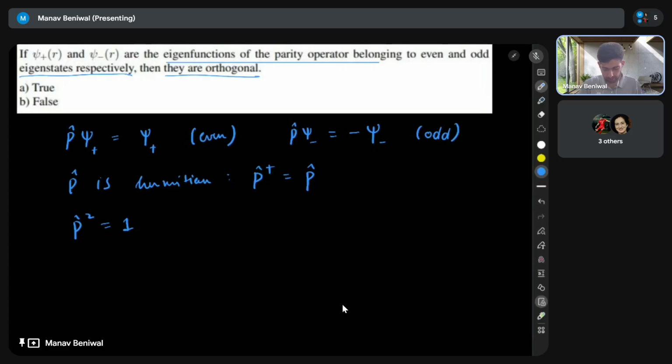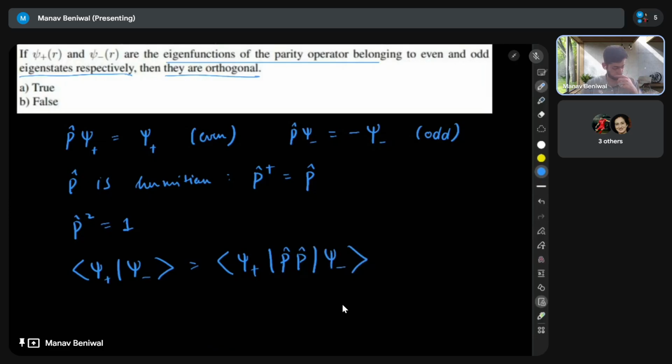So now let us consider the states psi plus and psi minus. Let's find out this inner product. Because p squared is 1, we can write psi plus, psi minus as psi plus, parity operator two times, psi minus. Correct?